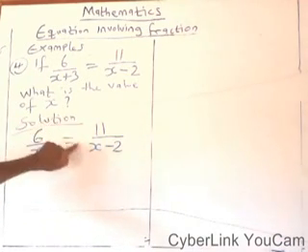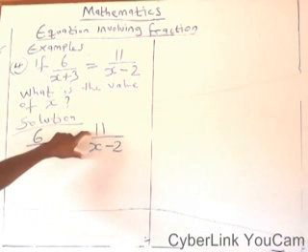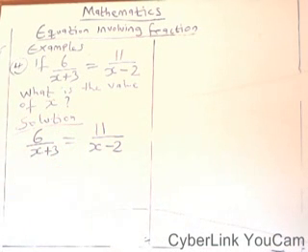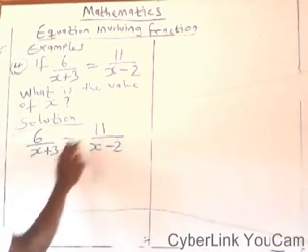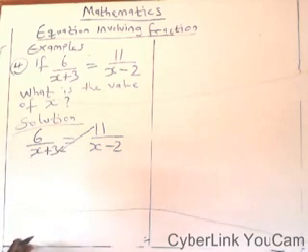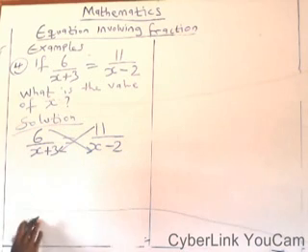But nevertheless, what we are going to do is that in as much it is a fraction equals to another fraction and we are looking for variable x, we are going to cross multiply. If you cross multiply, this 11 will multiply what we have here, while 6 here, we also multiply all what we have here.